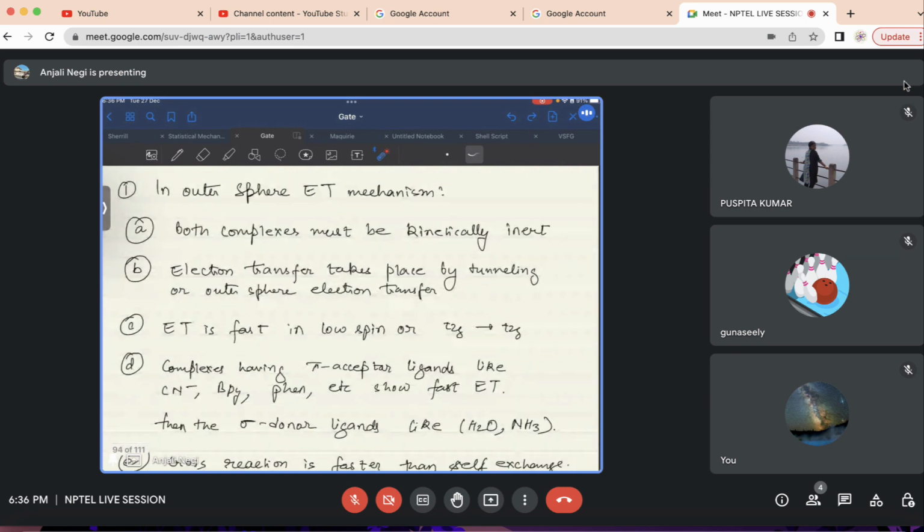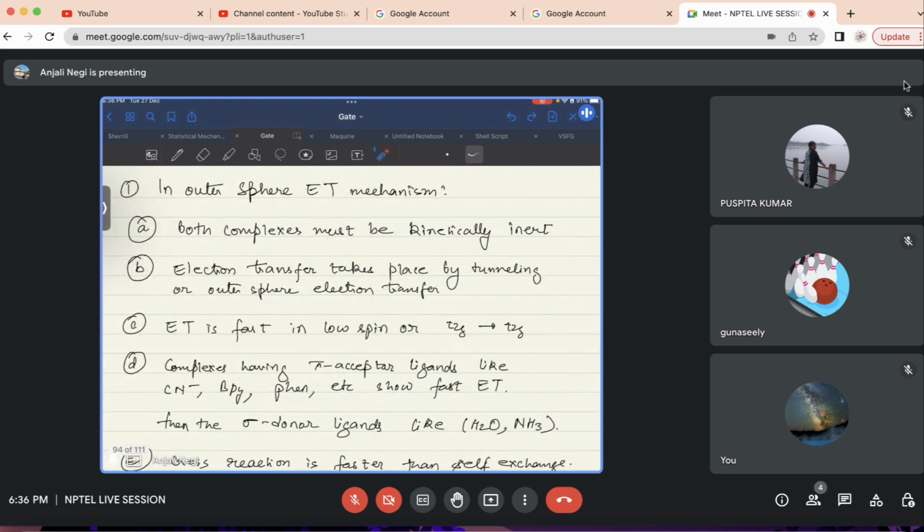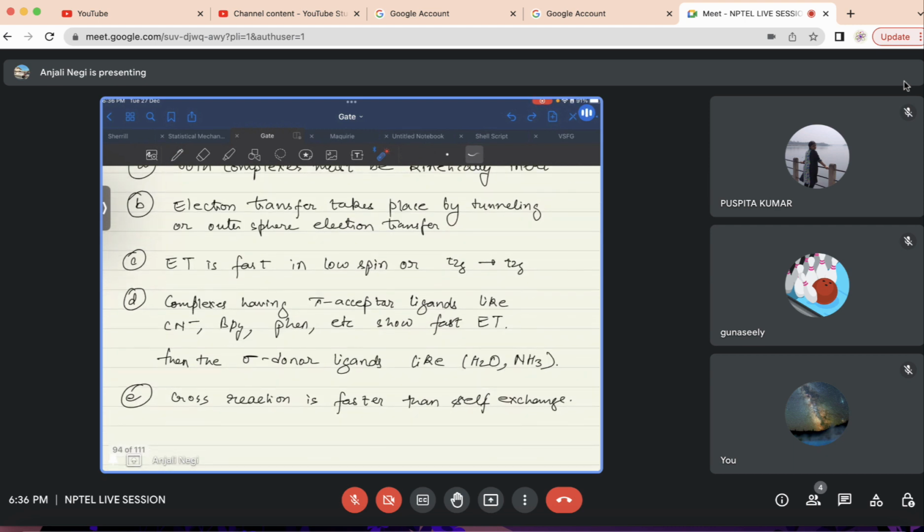So there are some points about the outer sphere electron transfer mechanism. Both complexes must be kinetically inert. So whenever there is an outer sphere electron transfer mechanism, always remember that both the complexes are kinetically inert, and the electron transfer takes place by tunneling. Electron transfer is fast in low spin or t2g to t2g, as we have just seen, correct?